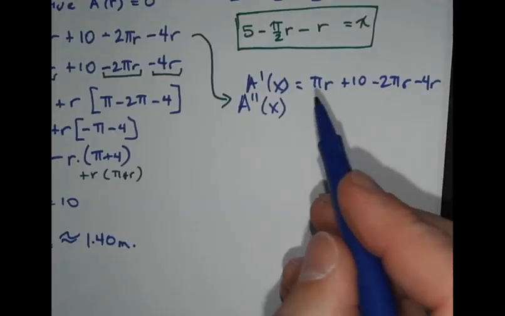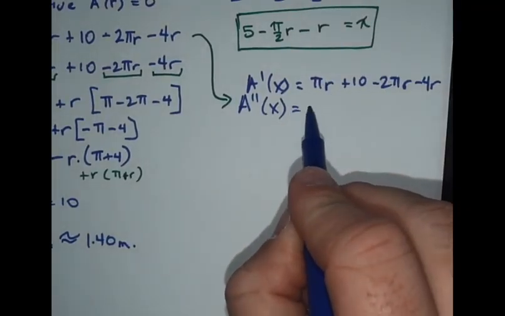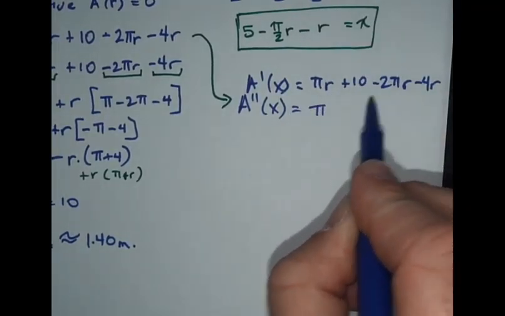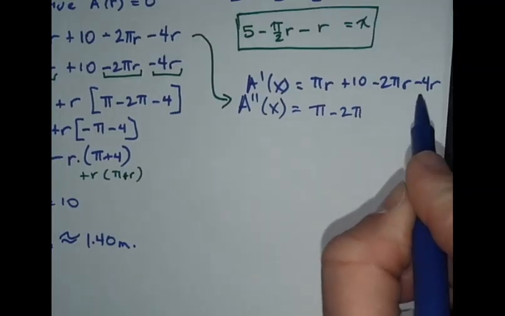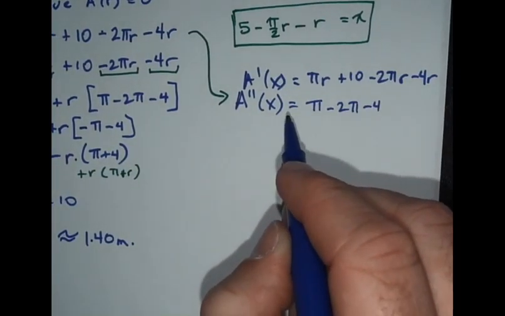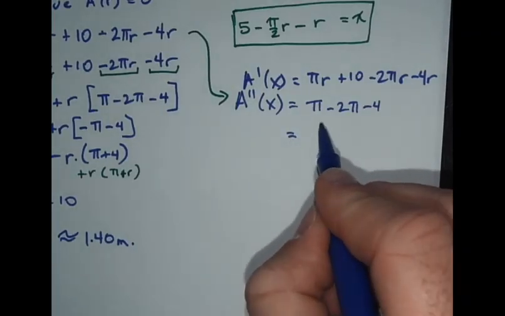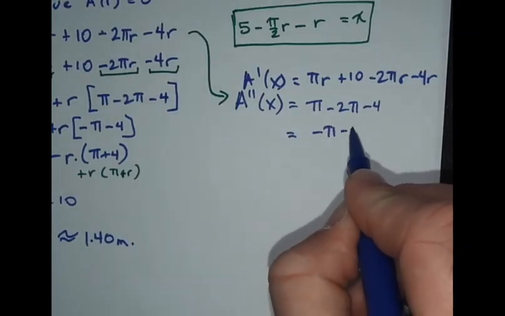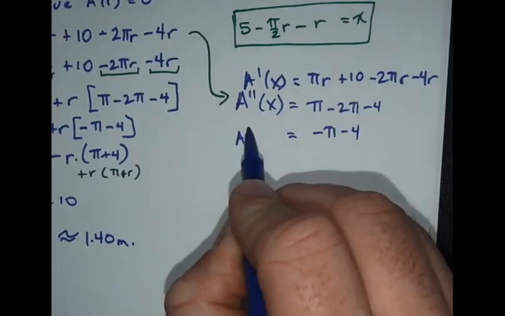So simple derivative, that's just pi, that one's gone, and that one's just 4. And so this is minus pi minus 4.